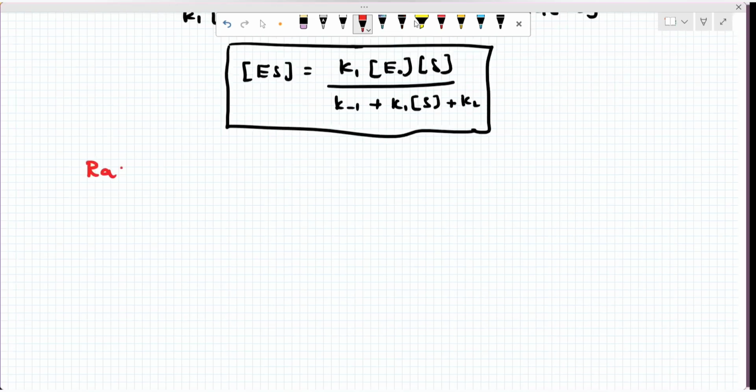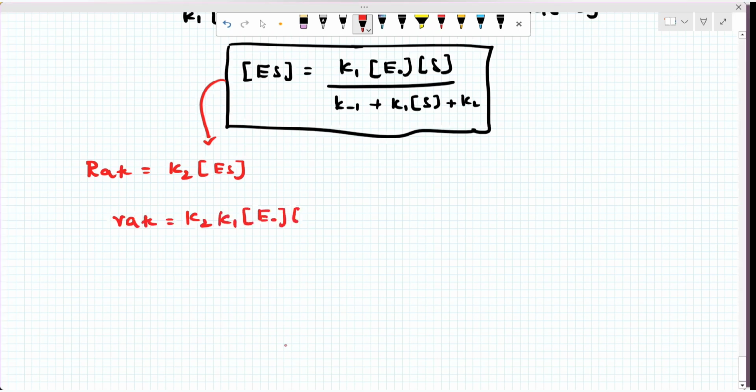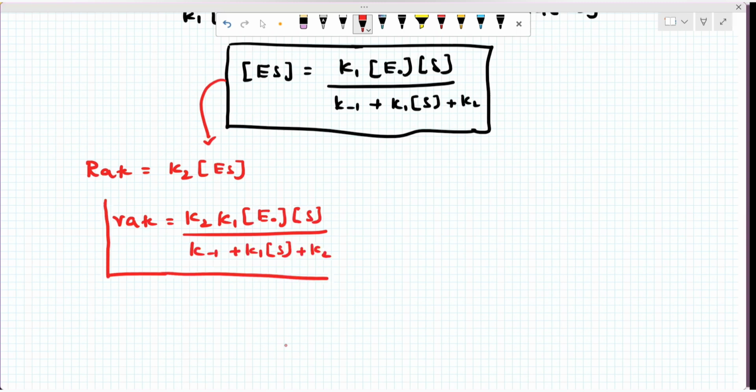The rate is equal to K2 K1 E naught S divided by K inverse plus K1 S plus K2. This is the rate equation for the enzyme catalyzed reaction.